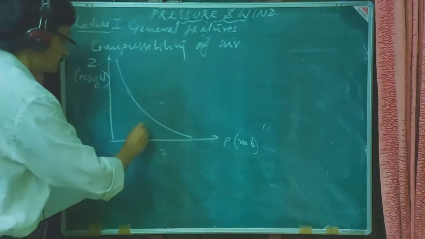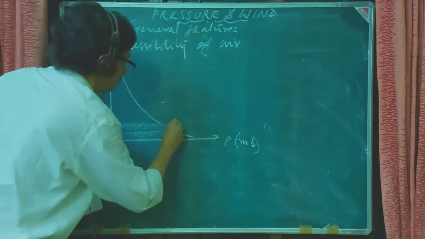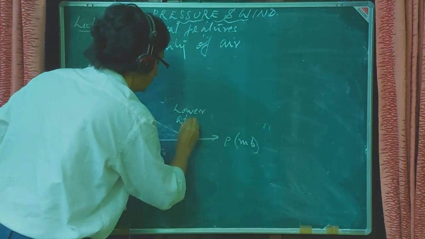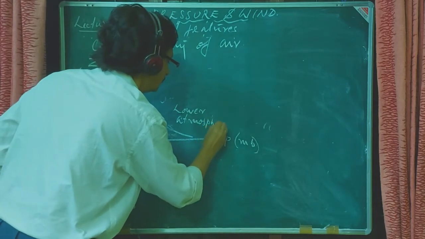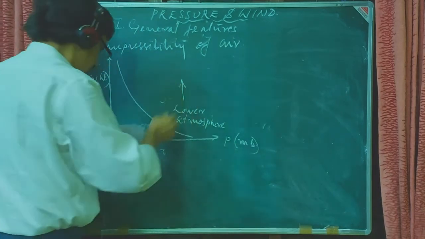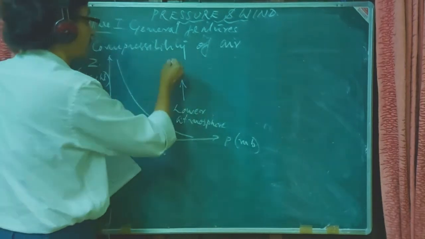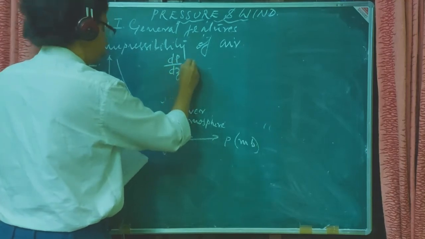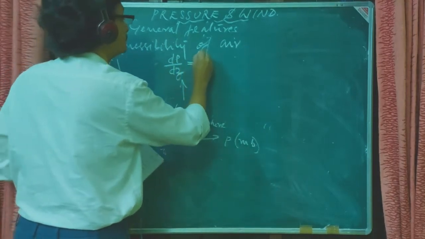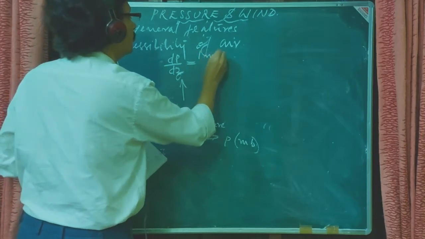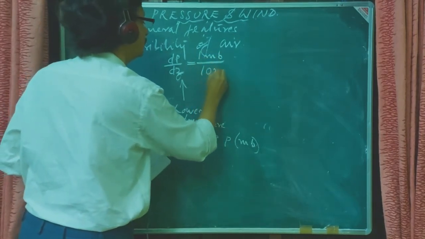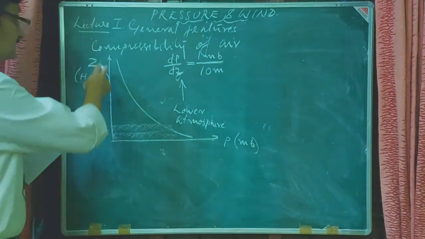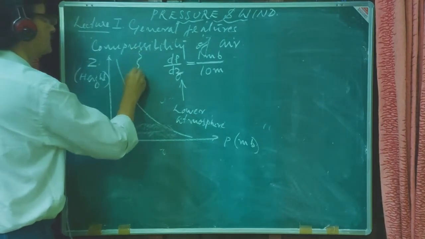And in the lower atmospheric region, the variation of pressure with height, dP by dZ, is of the order of 1 millibar per 10 meter.